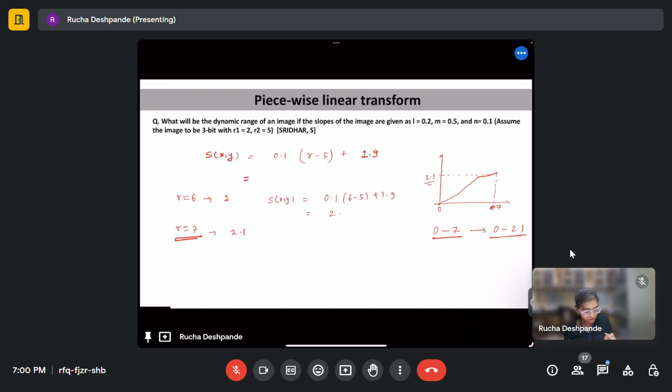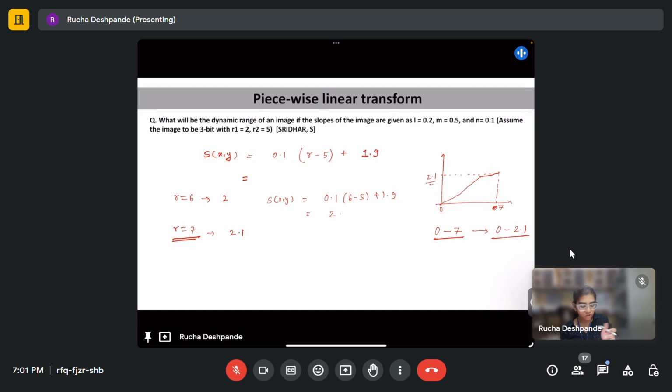Right. So from a higher range of DN values, we went to a lower range. So if our previous histogram was something like this, then our new histogram would be like this. In this case, the transformed image would appear darker.